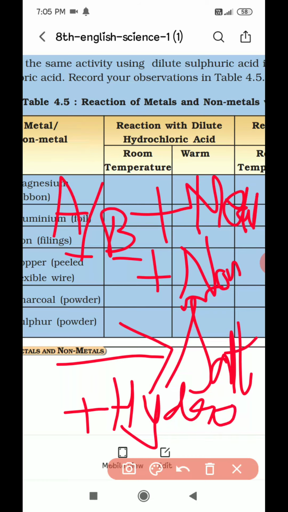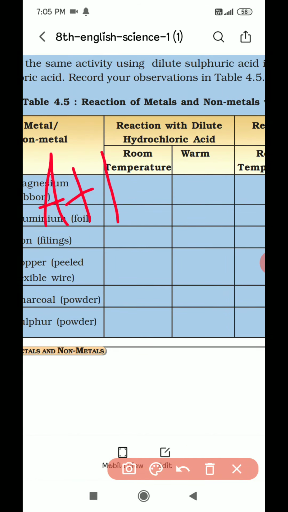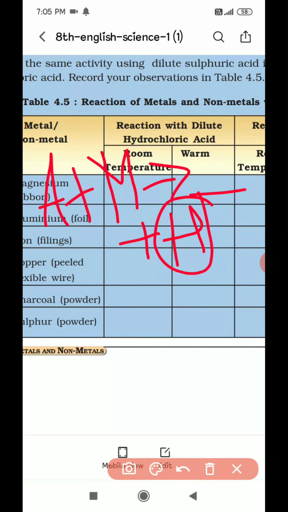So one more question again. Name the gas liberated when acid reacts with the metal. When acid reacts with the metal, we will be getting a salt as well as a gas called hydrogen. H is the chemical symbol for hydrogen.